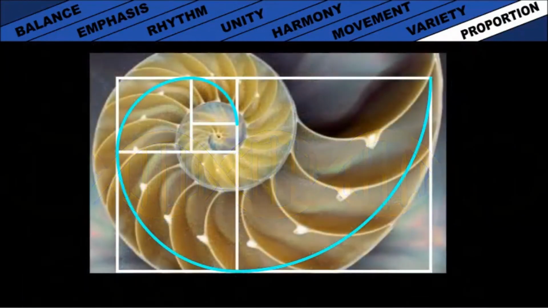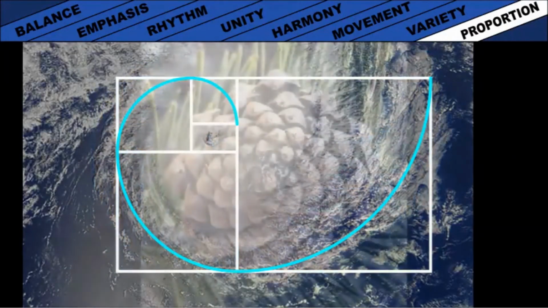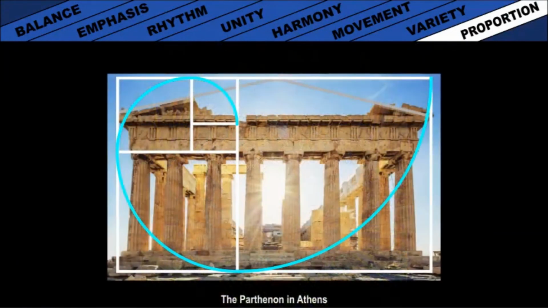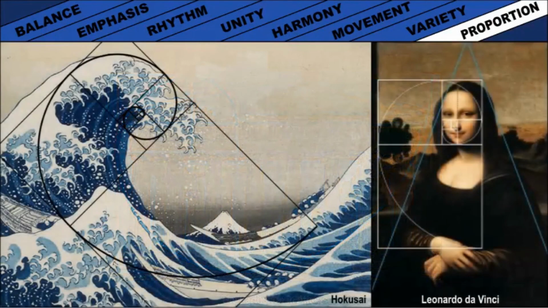Golden section proportion can be found in snail shells, hurricanes, pine cones, and much more. Historically, architects and artists have found inspiration from nature and mathematics and have used the golden section proportions in their work.